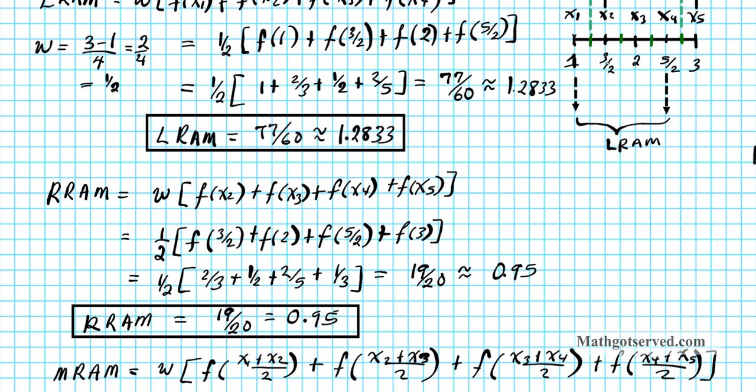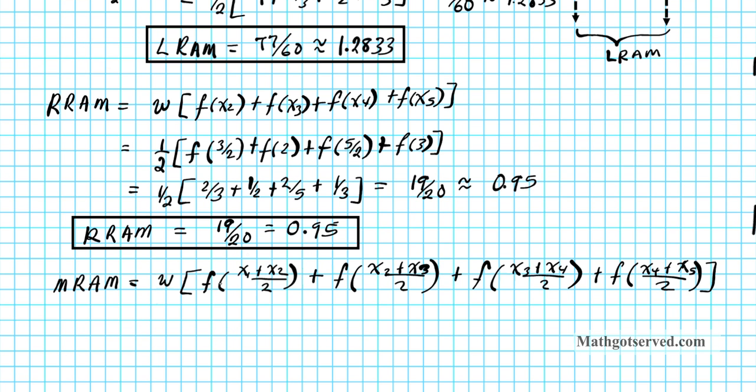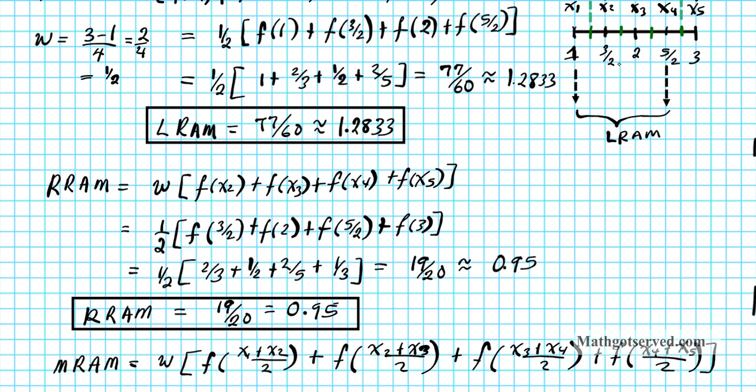Okay, so if you want to do the calculations, you want to average 1 and 3 halves. 1 is 2 over 2, plus 3 over 2 is 5 over 2. Half of that is 5/4. So we know that the width is 1/2. The first one is going to be f of 5 over 4. And then the next one, if we average 3 over 2 and 2, which is 4 over 2, we add them together, you get 7 over 2.